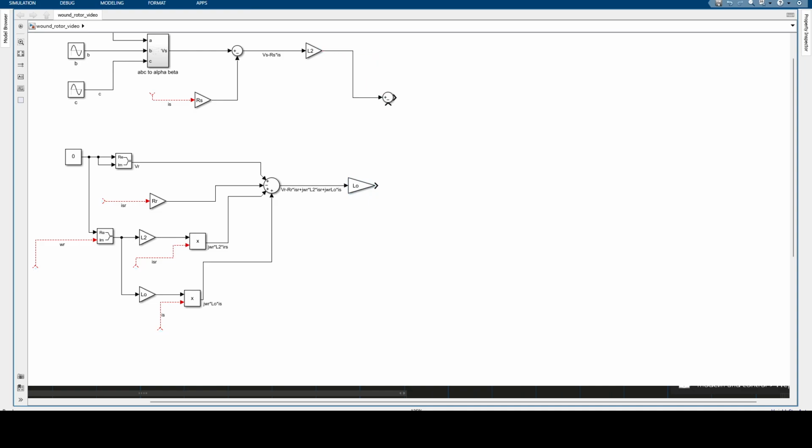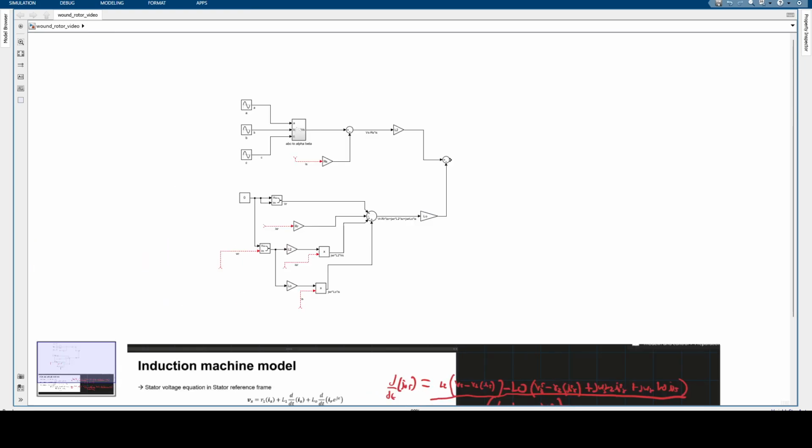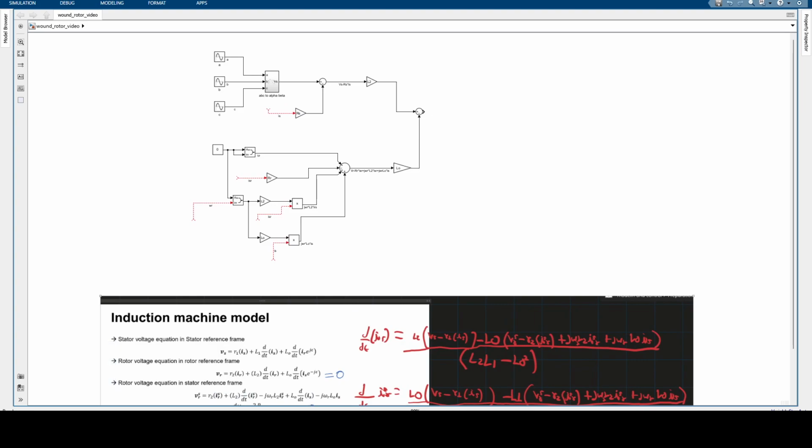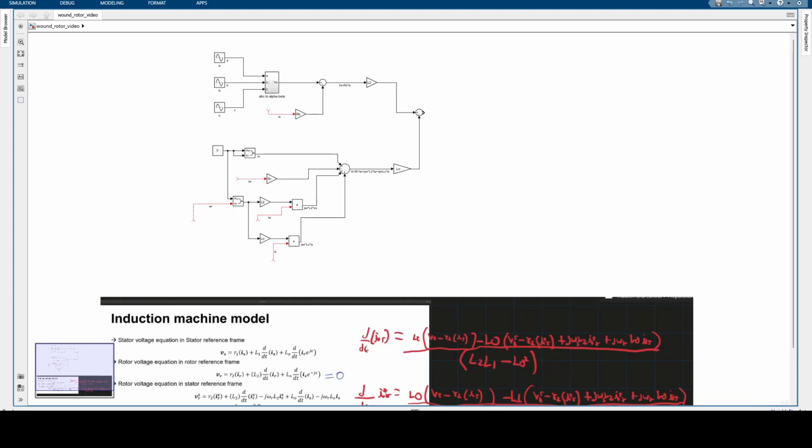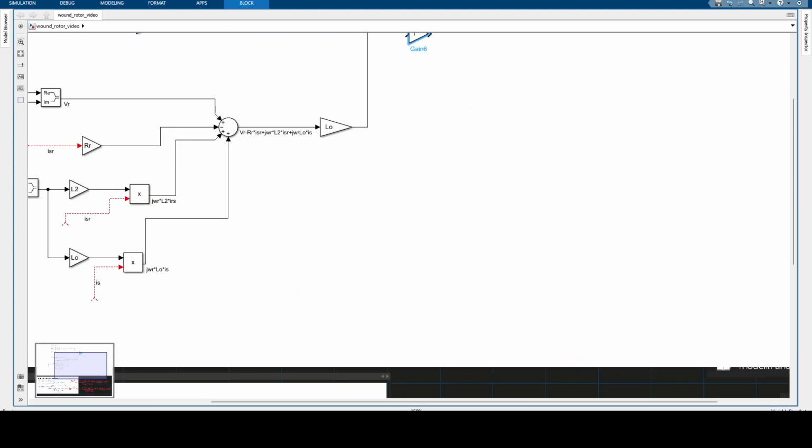When we subtract these two, we get all of this term out up here, and now we just need to divide by this term and we get our derivative. So we're going to have again L2 times L1 minus L0 squared.